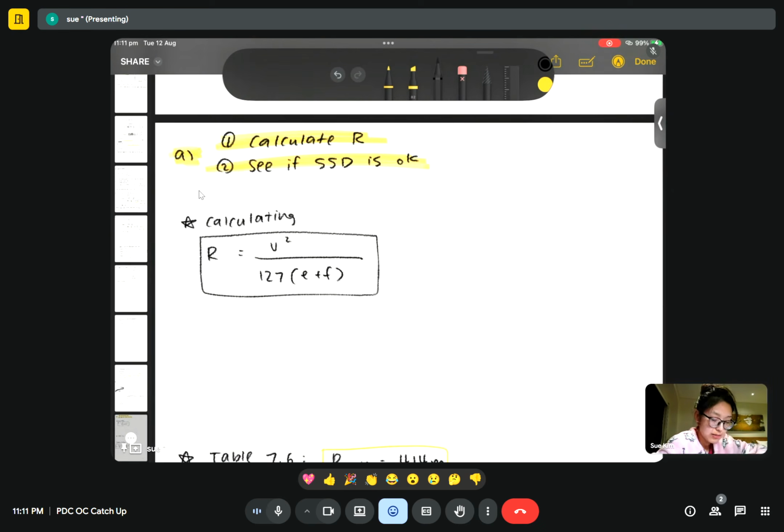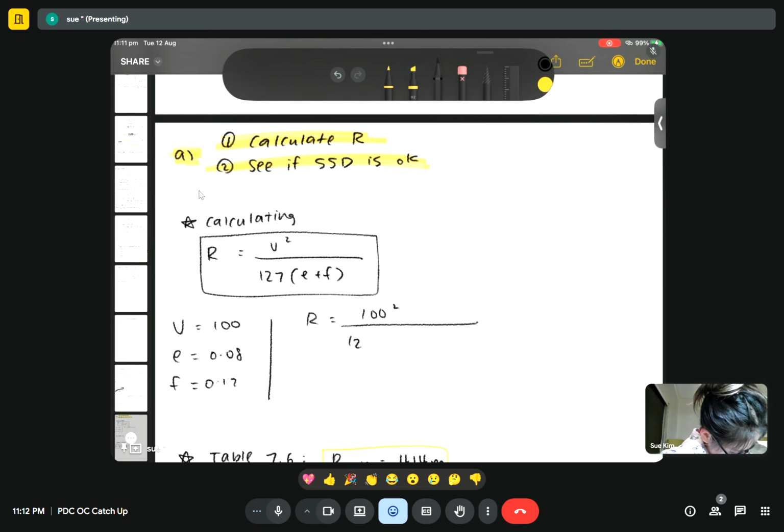To find the radius, I'm going to firstly use this radius formula because I have the values for everything. I have V, I have E, and F. So if I sub those in, I should get R equals 393.7 meters.